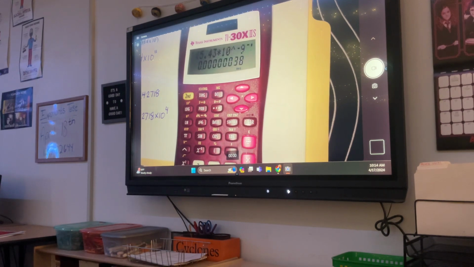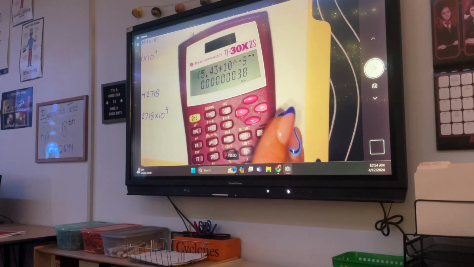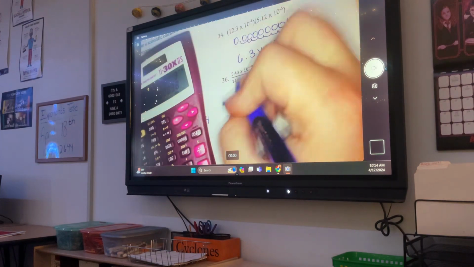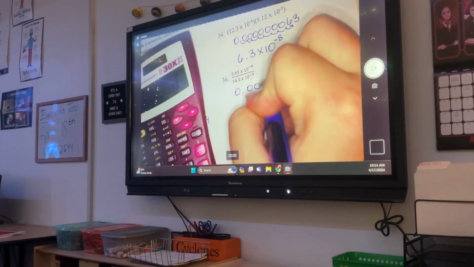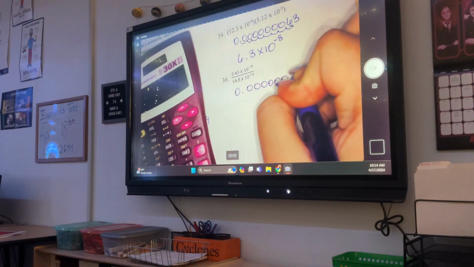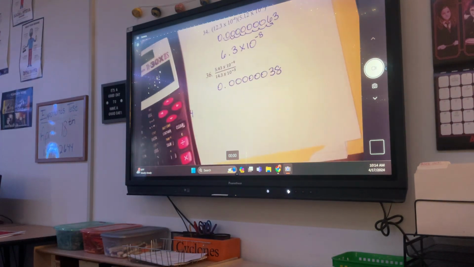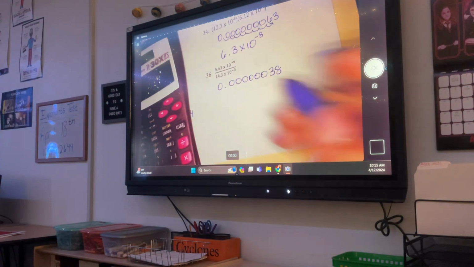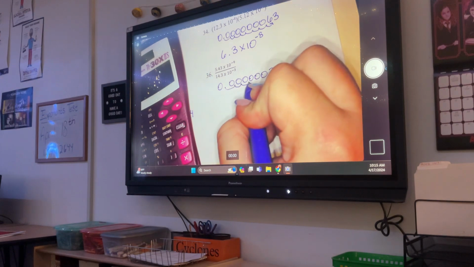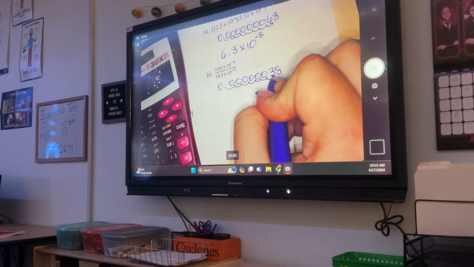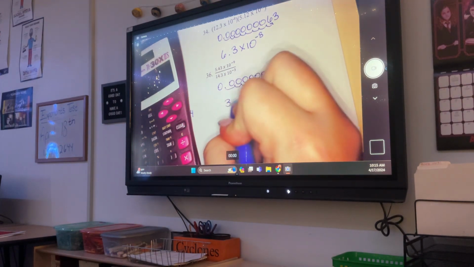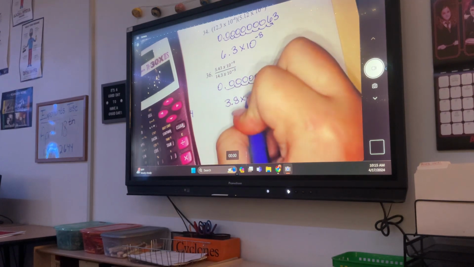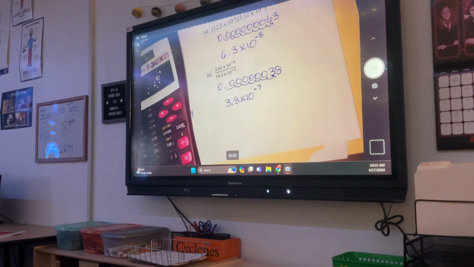And again, it's going to give you a decimal, but it's not as long, which is nice. So that's what it gives you. Then you've got to move it into scientific notation. So 1, 2, 3, 4, 5, 6, 7 places. 3.8 times 10 to the negative 7th.